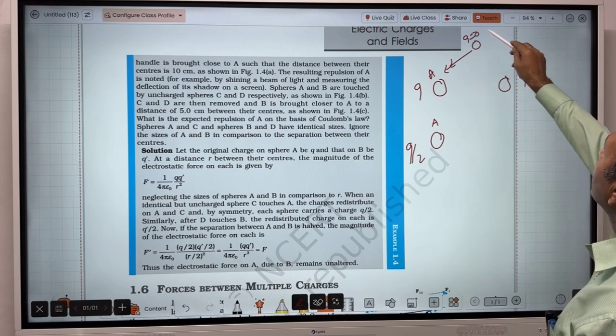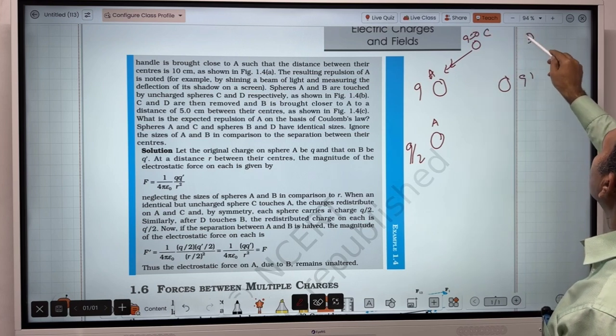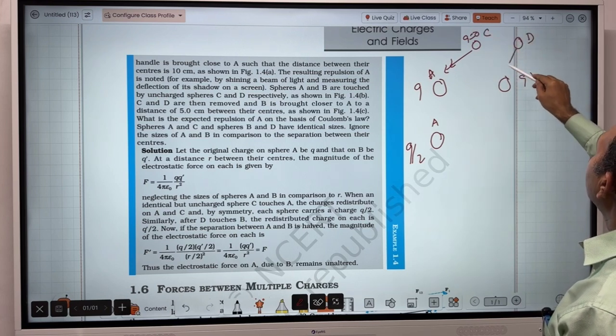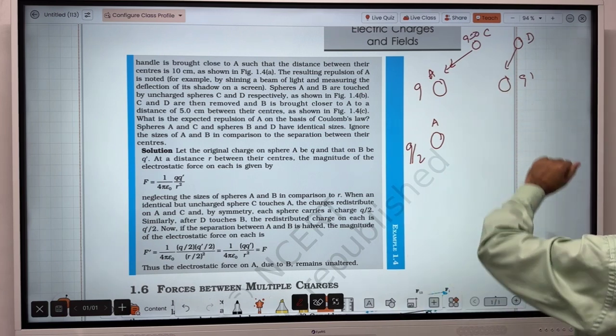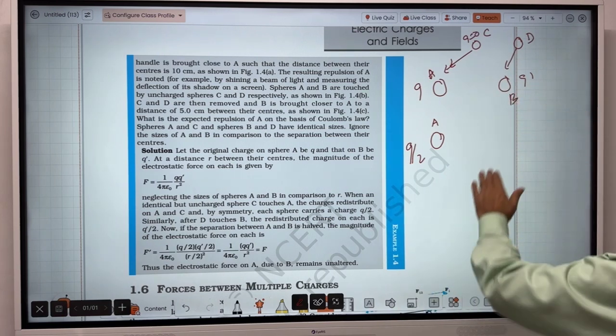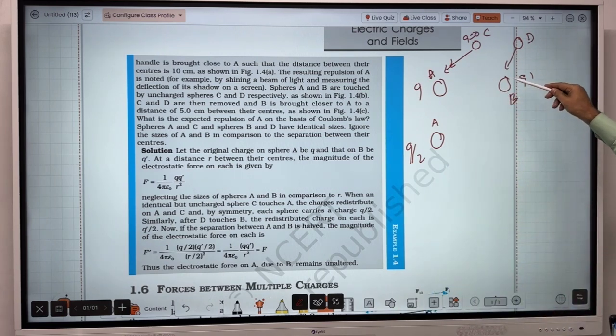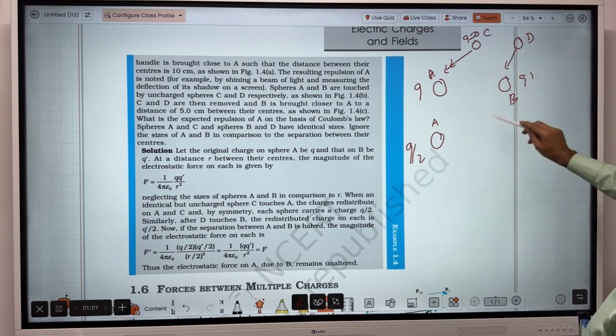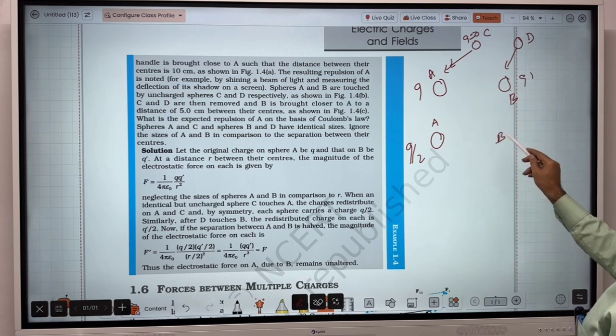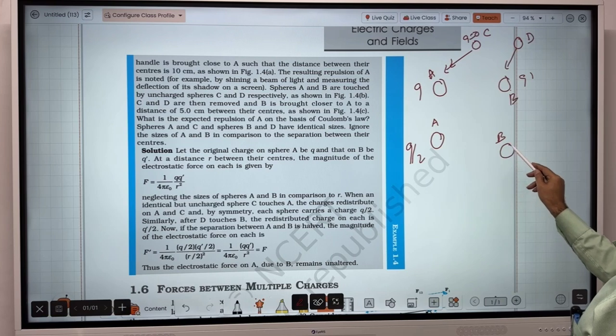Now there is another body, body D, without charge, and that comes in contact with body B having charge Q dash. So again the same thing will happen. The charge on B will be equally shared between B and D. So the new situation of B, when D is removed, B will have charge Q dash by 2.